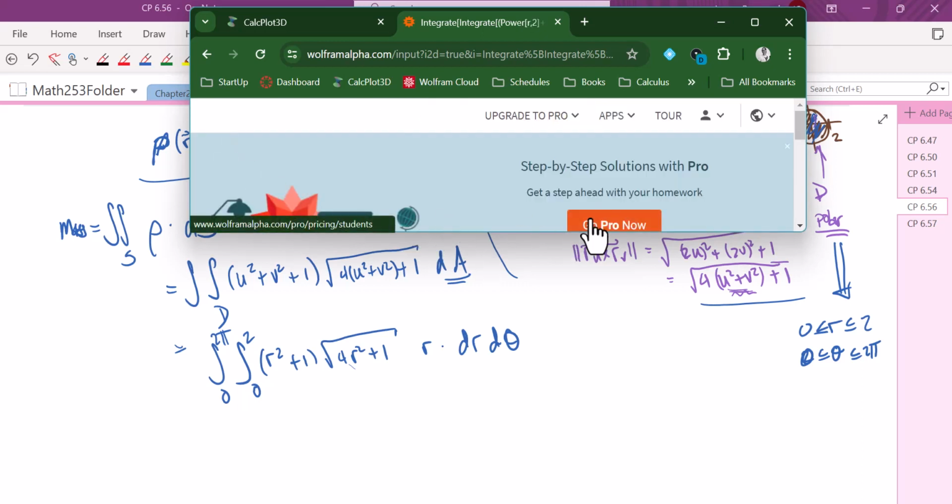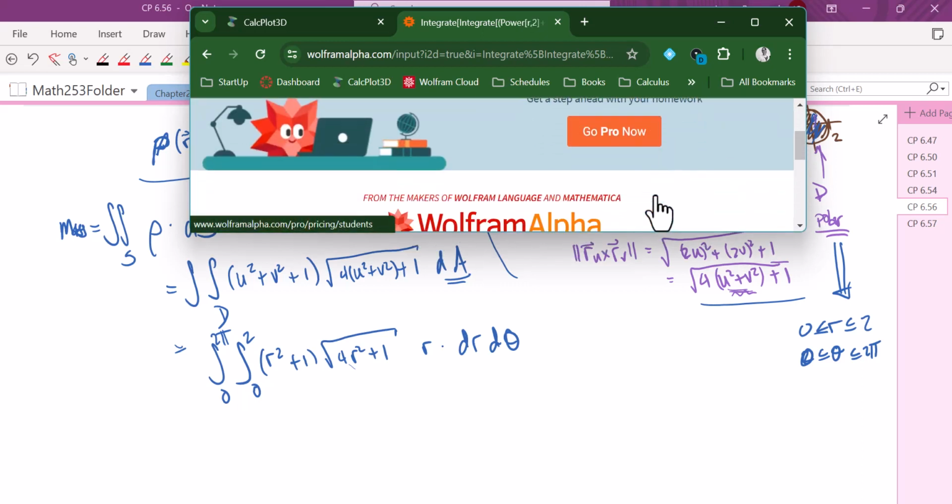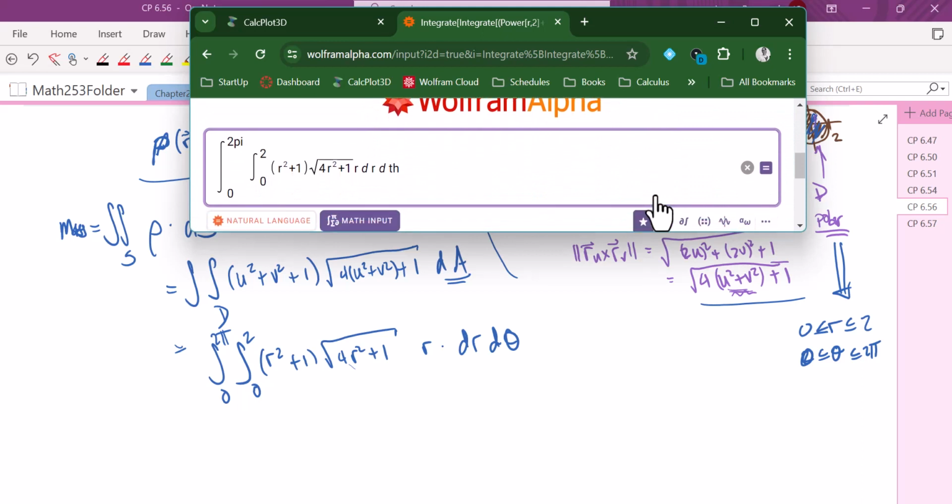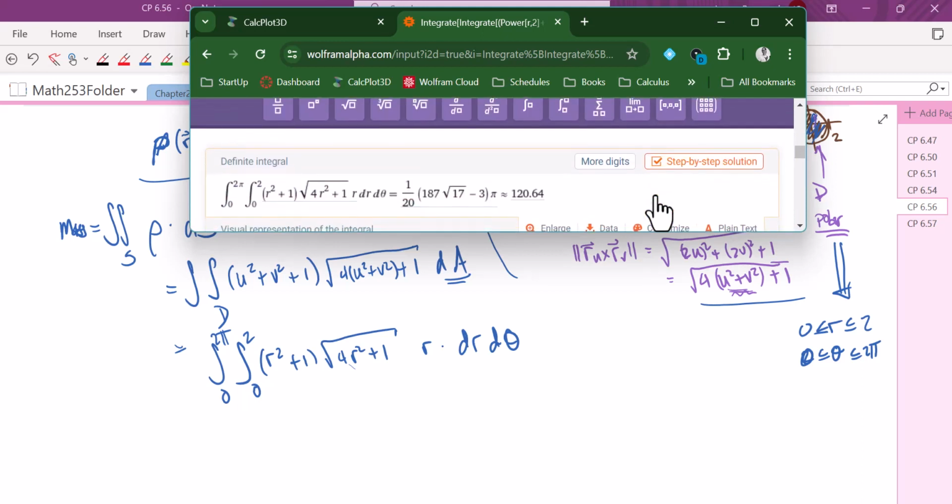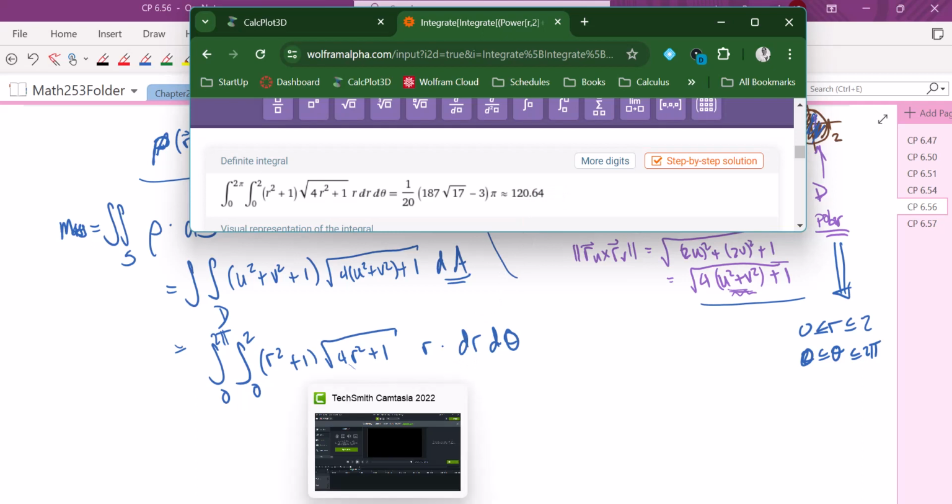All right, and hopefully things will run smoothly. And here we have about 120.6.